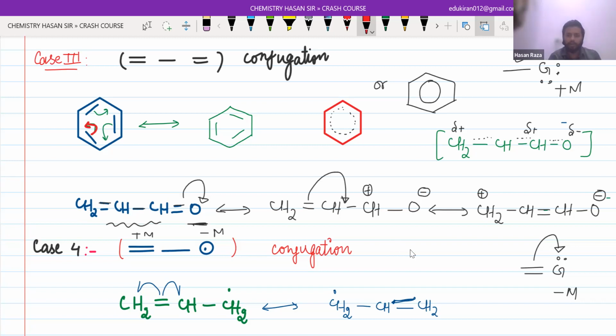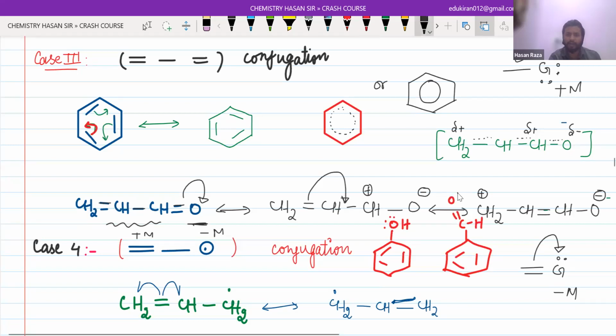So you have seen that this is your phenol. I'm going to show you. And you have also studied benzaldehyde or benzoic acid. You can see this is your C double bond O. This has a lone pair, and this has a lone pair as well. Since this is doubly bonded, it will attract electron from the benzene ring.